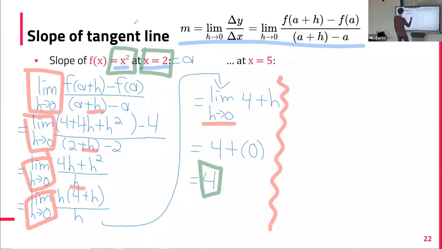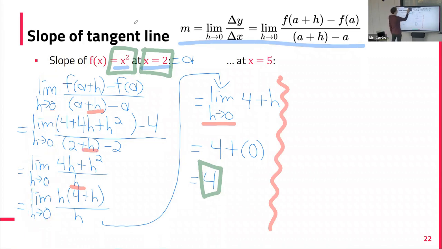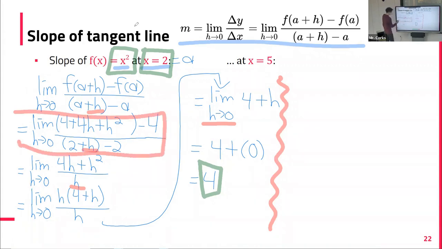So our first thing, let's say this step here, let's recreate that step, but for x equal to 5 here. So limit h goes to 0. So this step, when x is equal to 5.